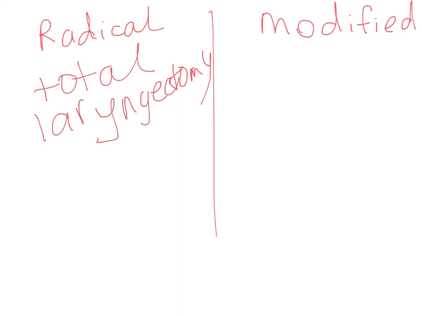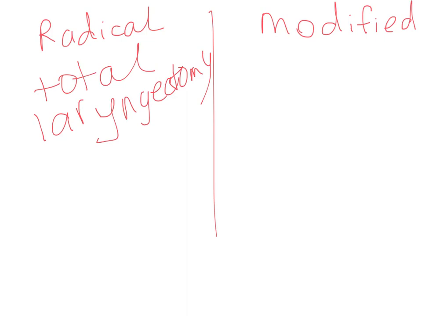So this is a lot more involvement and a lot more things they're taking out if they do the radical. Versus modified, it's the alternative. We're trying to preserve the nerves and the vessels so they don't remove the major cervical lymphatic vessels in this particular modified version.